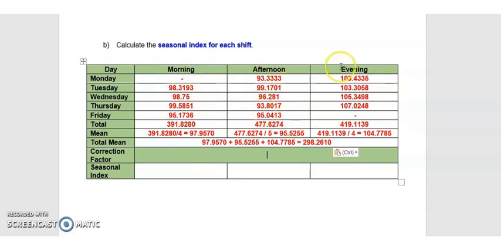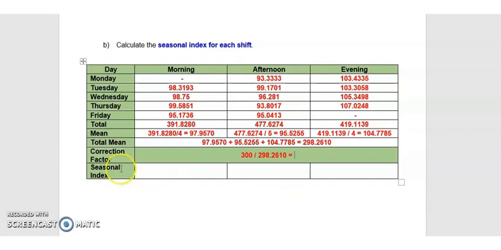Number of columns or number of time periods times 100, so we should get 300. If you have 4 columns, you should get 400. Divided by total mean, 298.2610. Normally we need to calculate correction factor because in real life it is very hard to get perfect data. So if you get exactly 300, it means perfect data.